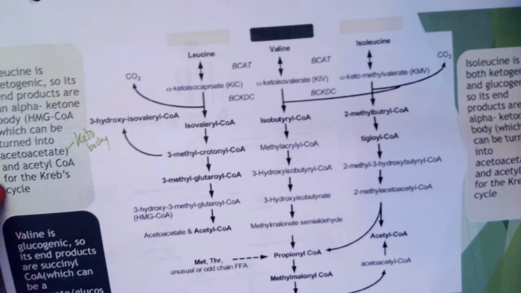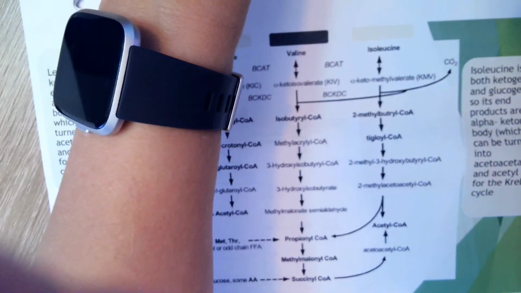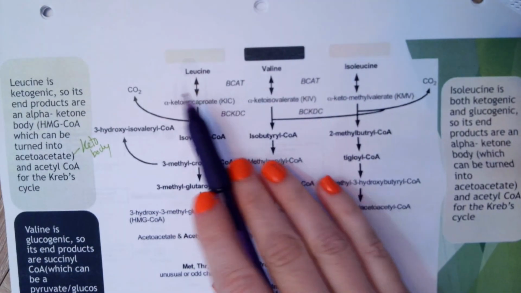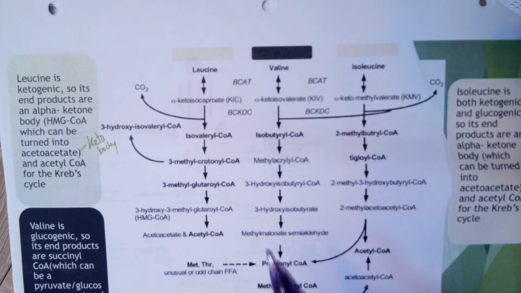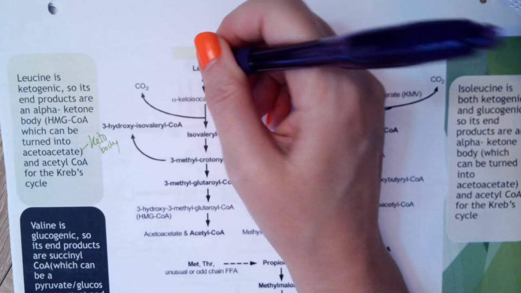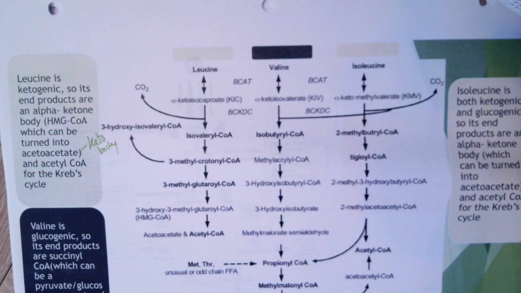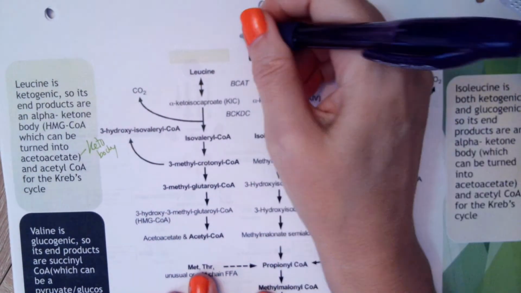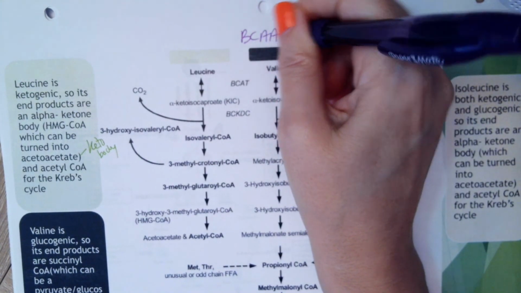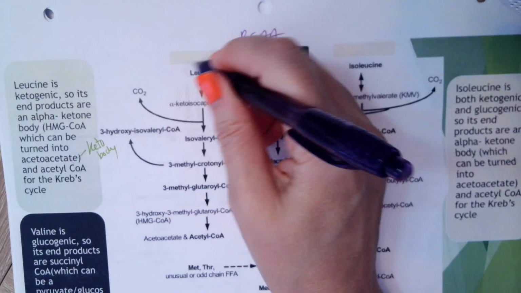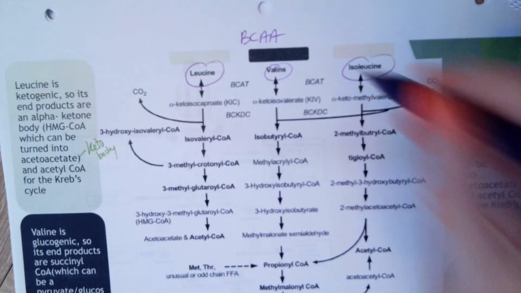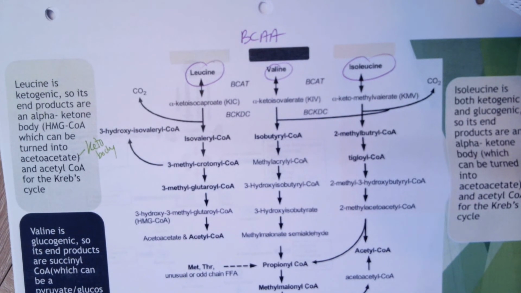Okay, so this slide looks very complex, but it's not, because we're not sitting here memorizing all of these different parts. What we're just looking at here are the three branched chain amino acids. These are our three that we mentioned before: leucine, valine, and isoleucine. And really, the whole point of this is whether they are ketogenic, glucogenic, or both.